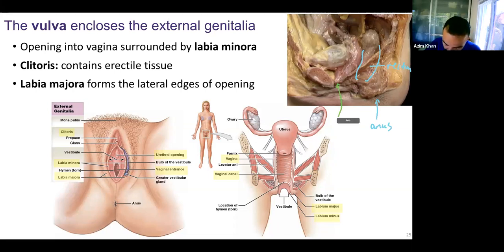Here is a vaginal opening, and the vagina continues up this way to the uterus. Here's the uterus. And this large pouch is the urinary bladder.